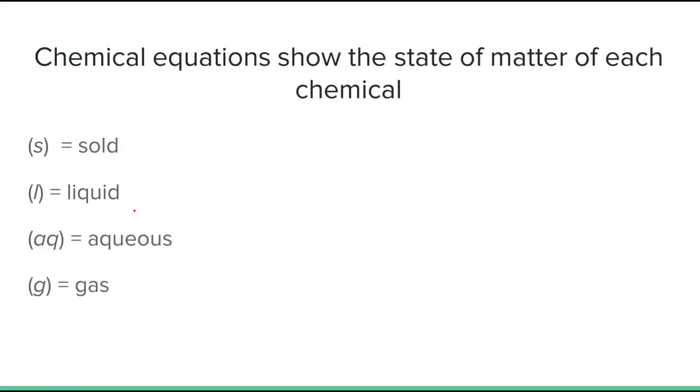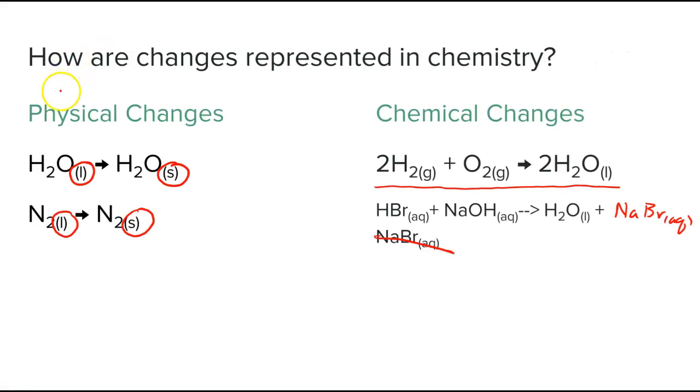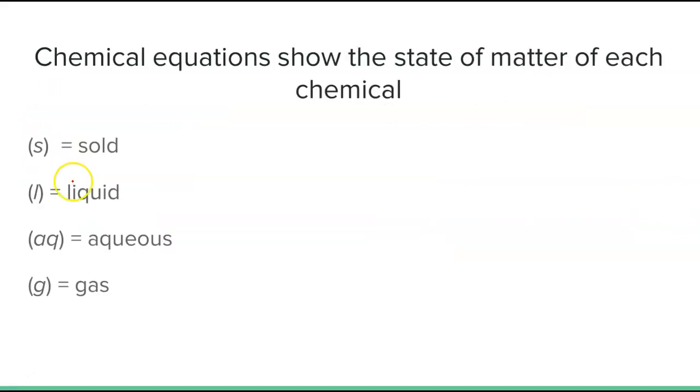If you have the chemical written in its symbols, for example H2O, and you see the letter L, L stands for liquid. So that water was in liquid form. If the water were in solid form, H2O as a solid, I would write an S, for solid.